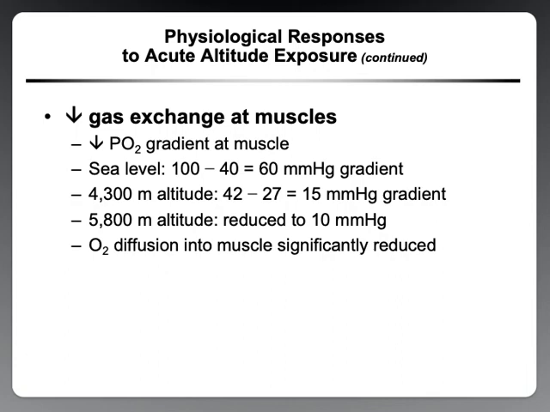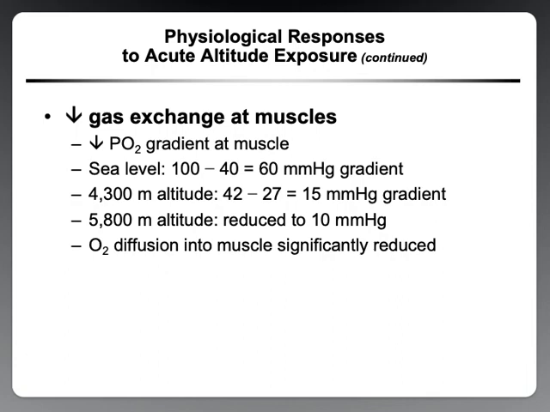At 4,300 meters of altitude, we see that the arterial partial pressure is decreased significantly to 42. We also see a decrease in the skeletal muscle or tissue partial pressure of oxygen to 27, which makes the diffusion gradient drop to 15 millimeters of mercury.